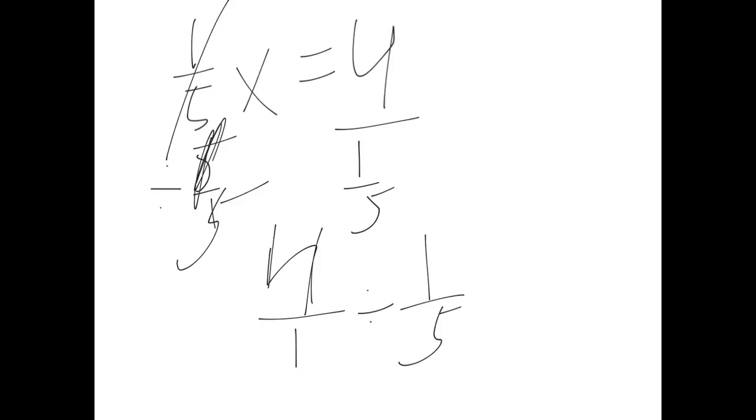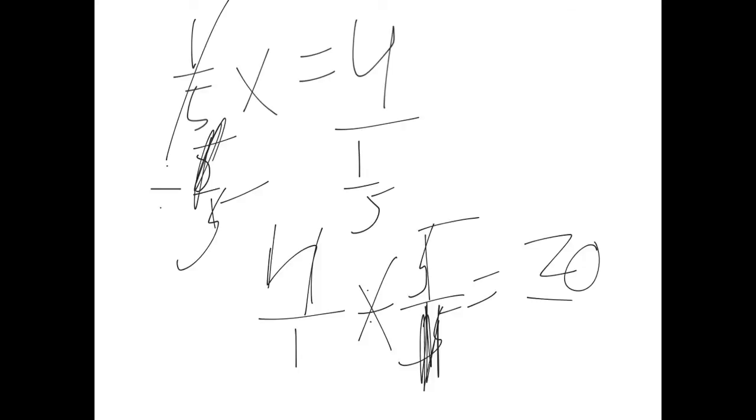So then I switch out the answer, flip the reciprocal, so then it's 5/1 times, equals 4 times 5 is 20, and 1 times 1 is 1. So the answer is 20.